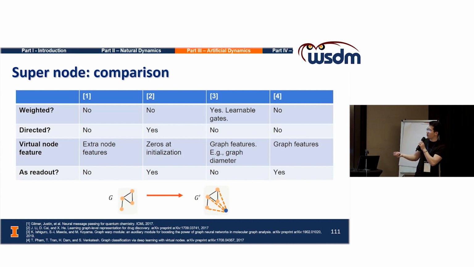What I mean by different dimensions is that if they want to do message passing operations like aggregation, they first need to map the original node feature and the supernode feature into the same feature dimension. After that, they can do aggregation or summation operations. Okay, and works 2 and 4 use the node representation of the supernode as the readout of the whole graph.